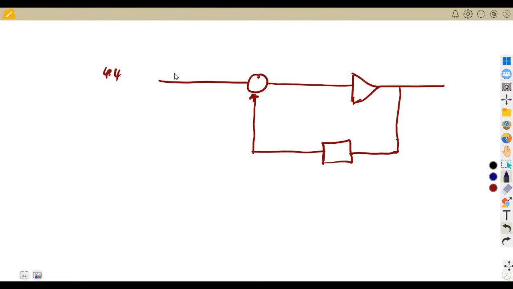So we've got the input, which is Vin or Vs, at the summation point where we talk about summing up. Then we are talking about the amplifier, which you can just indicate with A, to the output.